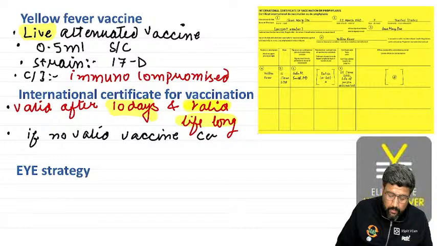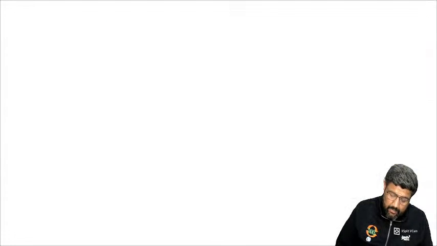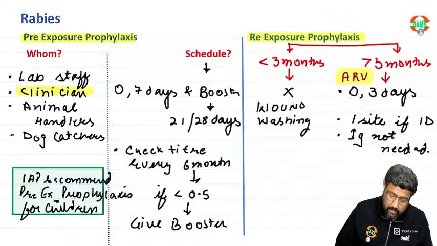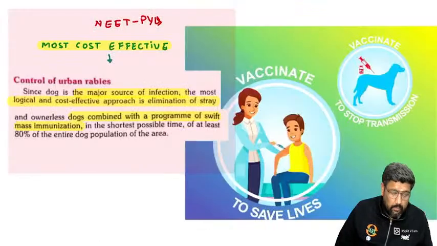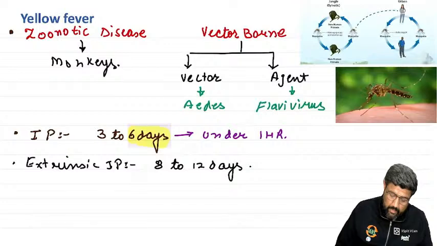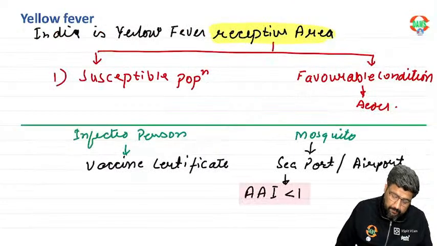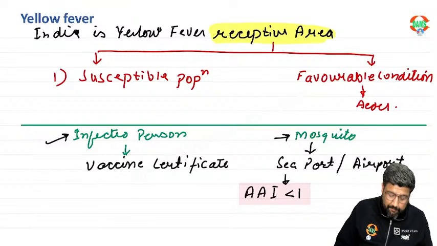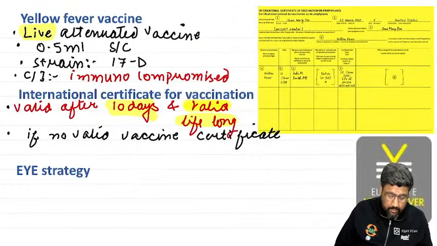So there is one human being. I told you in India the infection can be there because of an infected person or a mosquito. If the infected person is in our country but has no valid vaccine certificate, then what are you going to do?